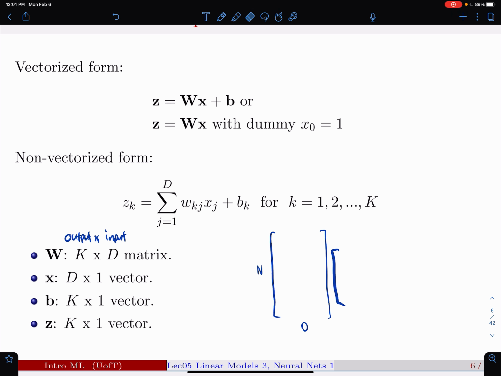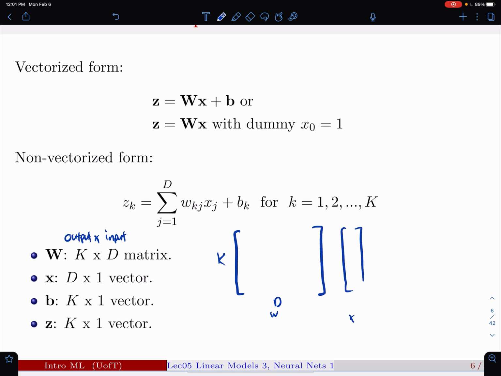Sorry, let's focus on one single data point at a time, because I think this example works better that way. So let's restart. W is K by D. And then we have our input feature vector, X. X is going to be D by 1.